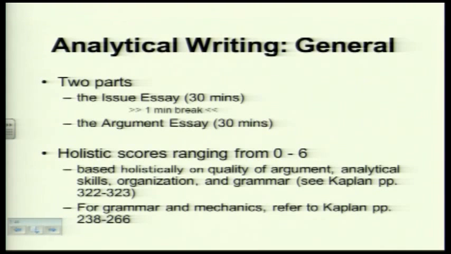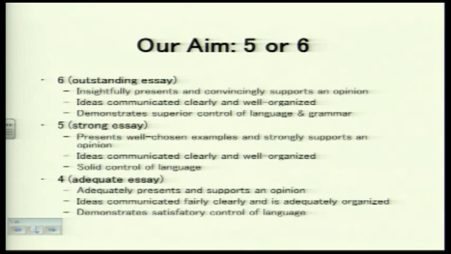You can see the rubric in the Kaplan book on pages 322 to 323, but I reproduced that here for your convenience. You can see from 6 to 4 here, the differences lie in the quality of the argument.